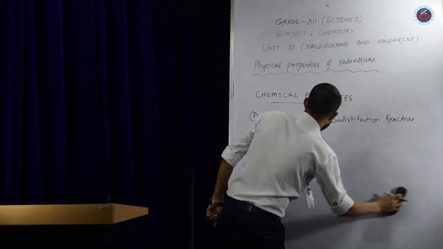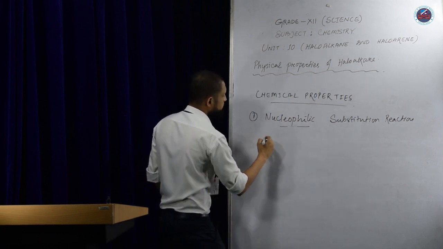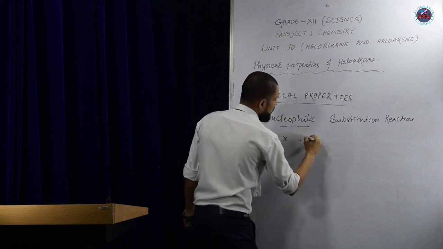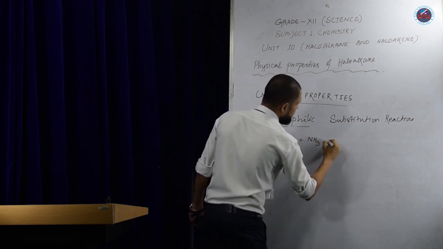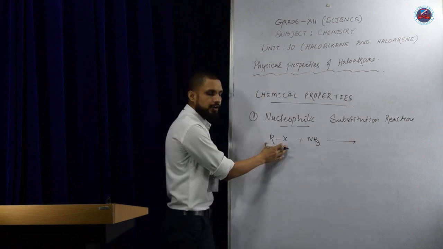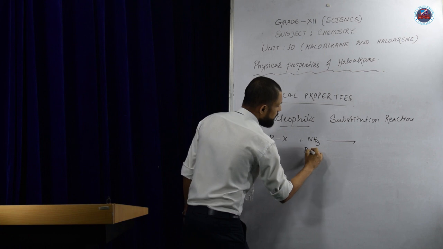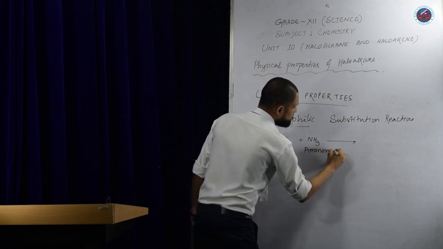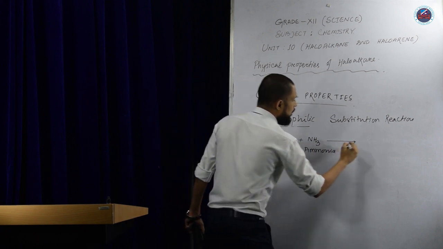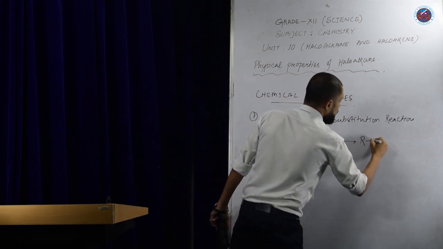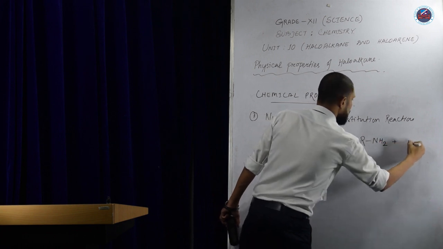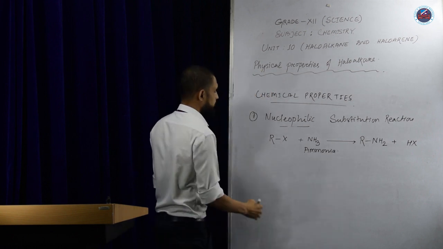Let us see the next nucleophilic substitution reaction. RX plus NH3. Now, RX is alkyl halide, NH3 is ammonia. So when alkyl halide reacts with ammonia, it forms amine and halogen acid.